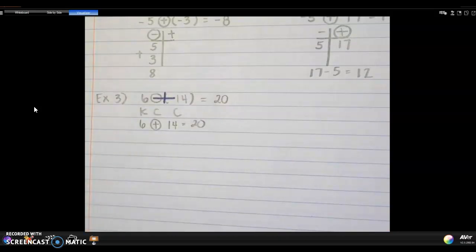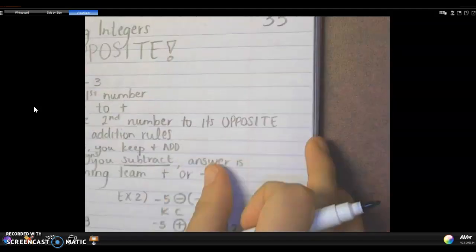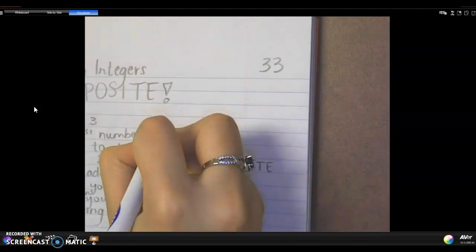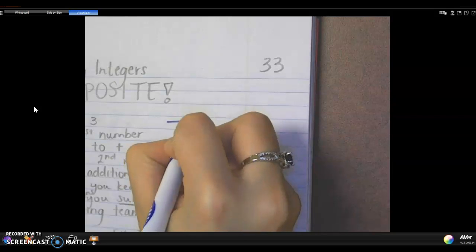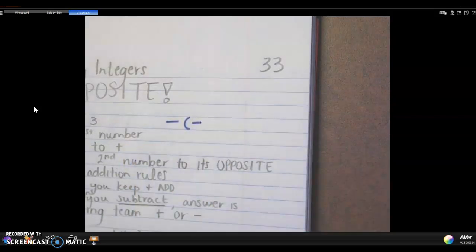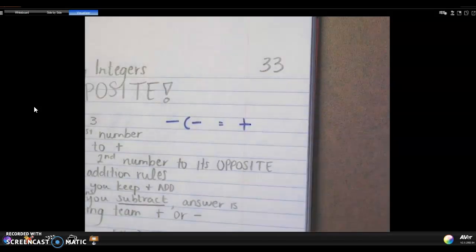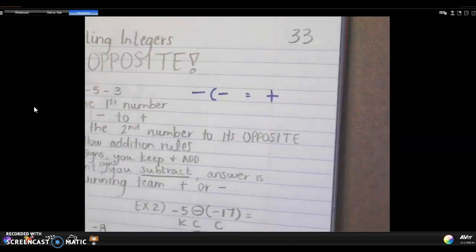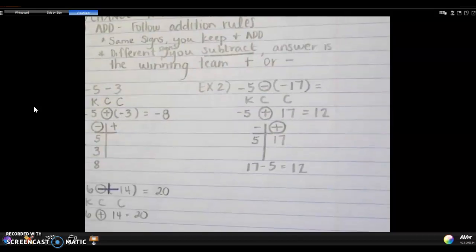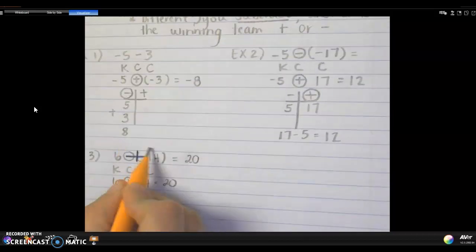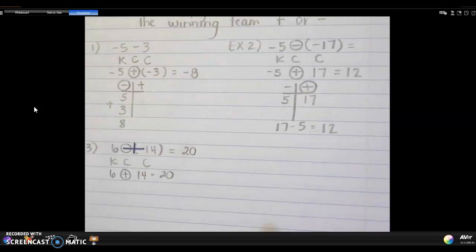So anytime you have, and I'll put it up here, you're subtracting a negative, it becomes a plus. So if you find that confusing, just stick to KCC. But if you can see these shortcuts, then you can do that.